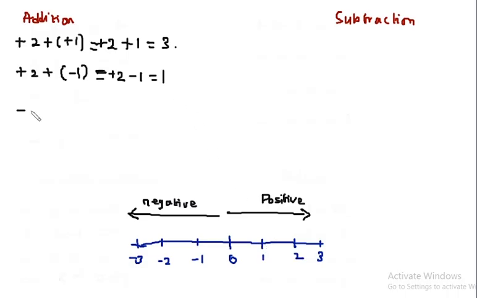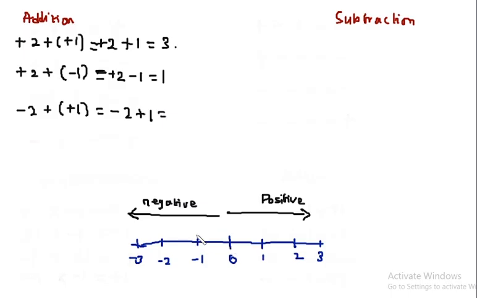Say I have -2 plus open brackets plus 1. This is equal to -2, plus times plus is plus. So I have -2 plus 1, which is equal to. So -2 means I move 2 times to the left on my number line.